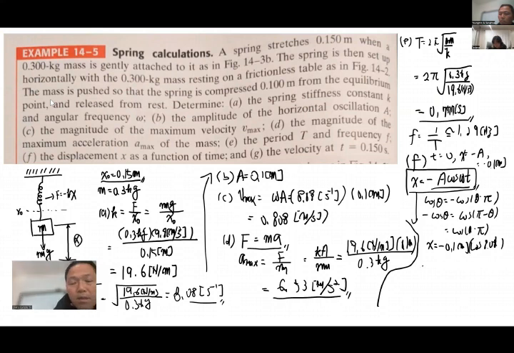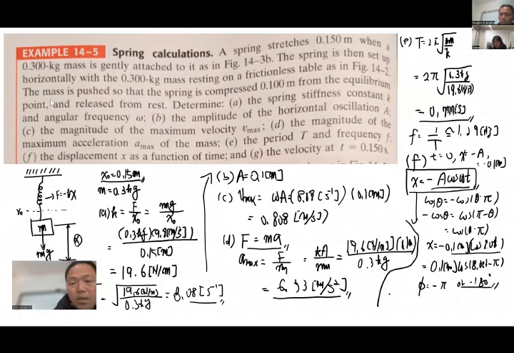So you plug the minus sign into this cosine function, then that should be 0.1 meter cosine of 8.08 t minus pi. So the initial phase value should be either minus pi or minus 180 degrees.